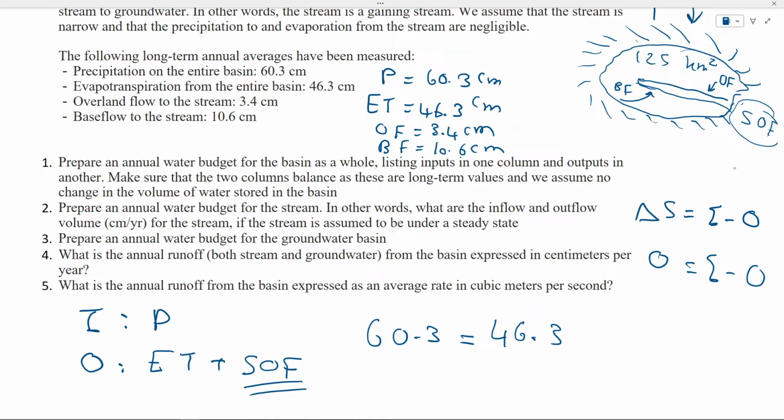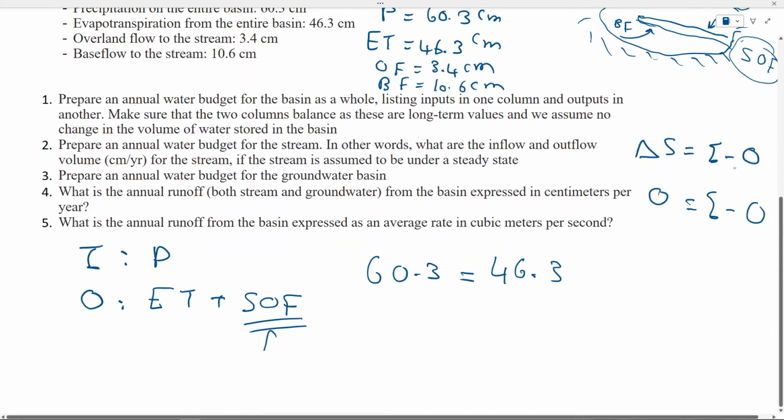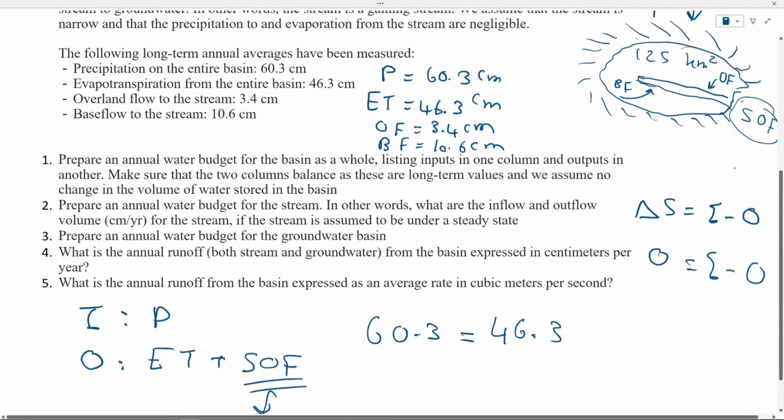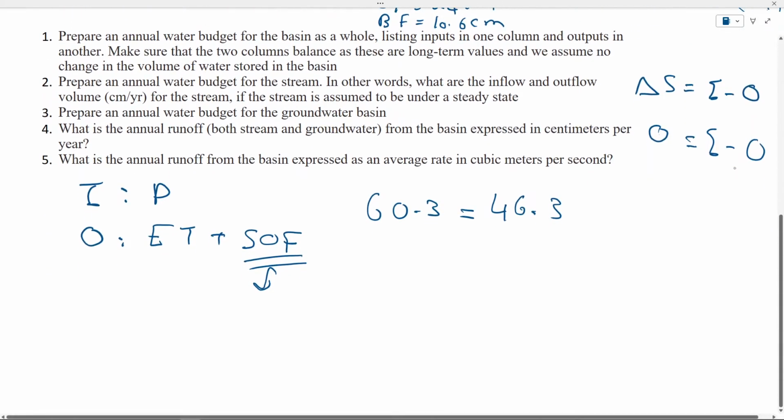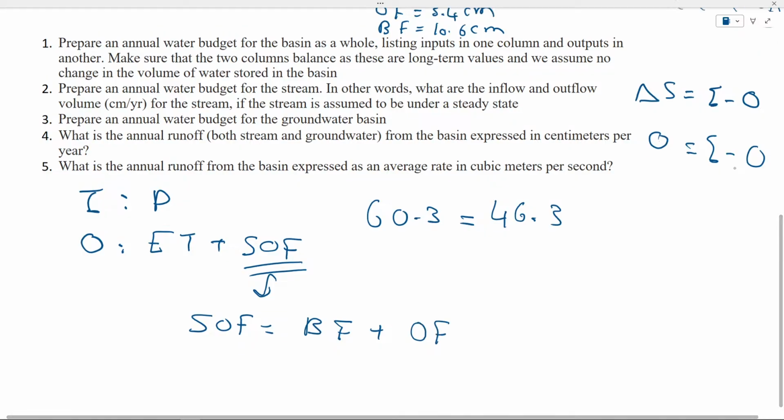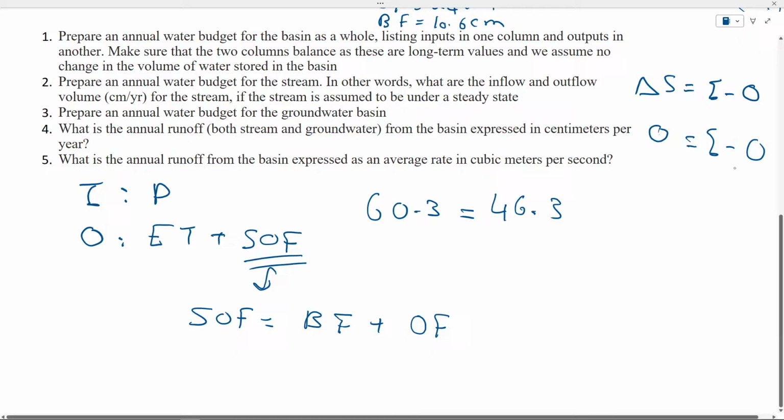The stream outflow basically is two components: the stream gets overland flow and base flow. So that's the stream outflow. Base flow from groundwater, that is 10.6, plus overland flow, that is 3.4.